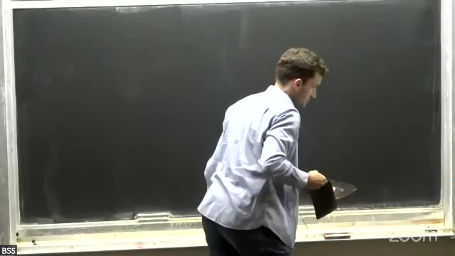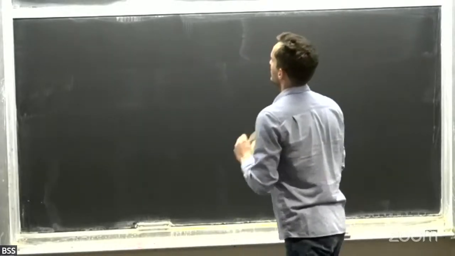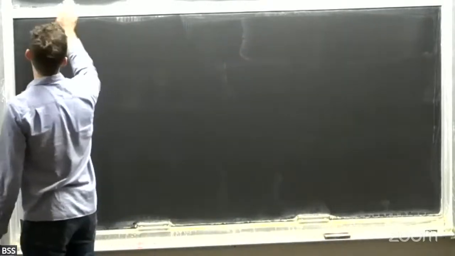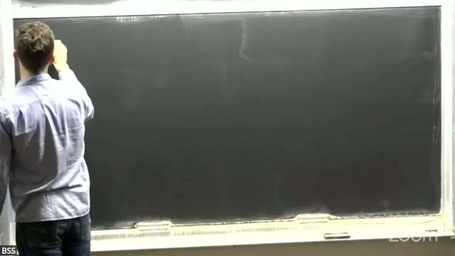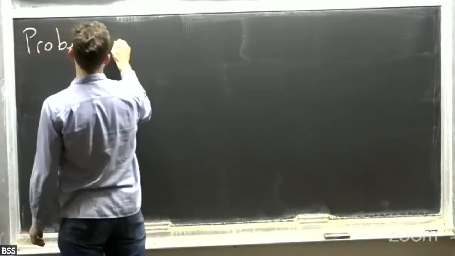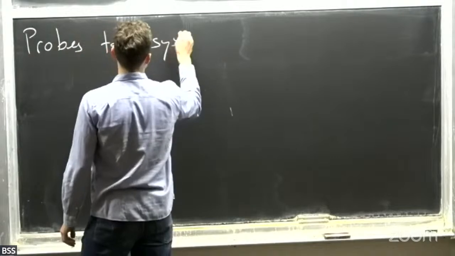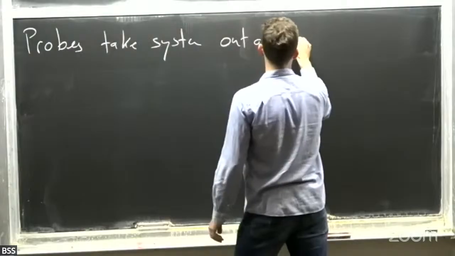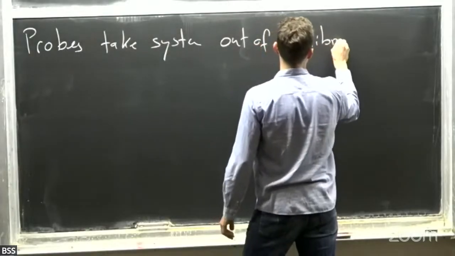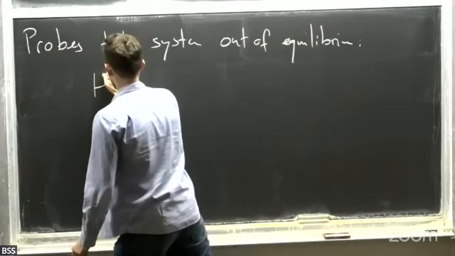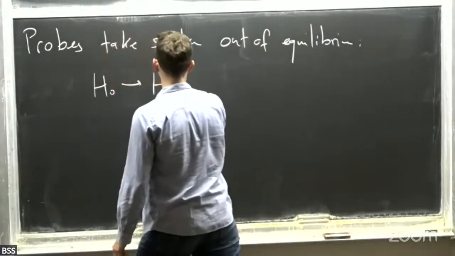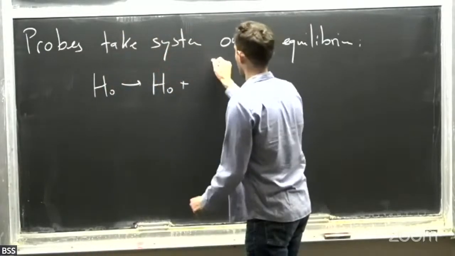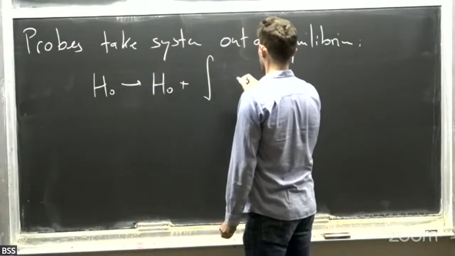This is a very broad question. In a sense, it's almost all of condensed matter experiments. But we'll limit it a little bit. And so these probes, what they're going to do is take the system out of equilibrium. Turning them on amounts to activating terms in your Hamiltonian that will depend on time.